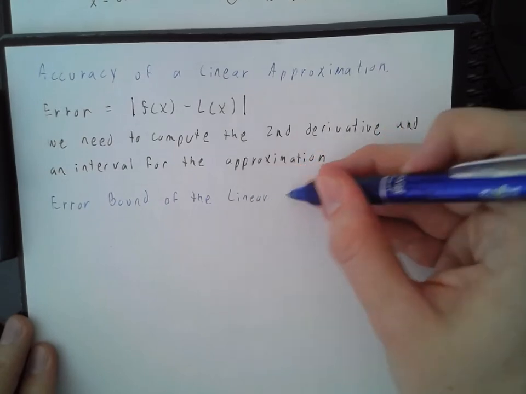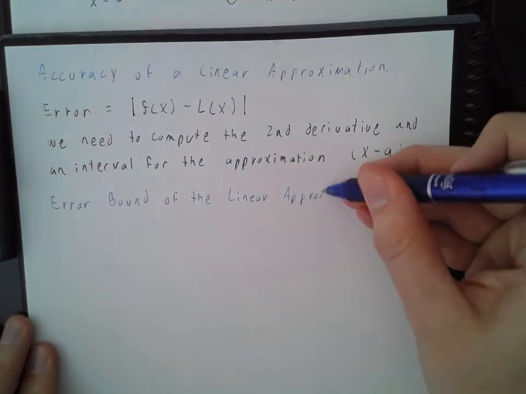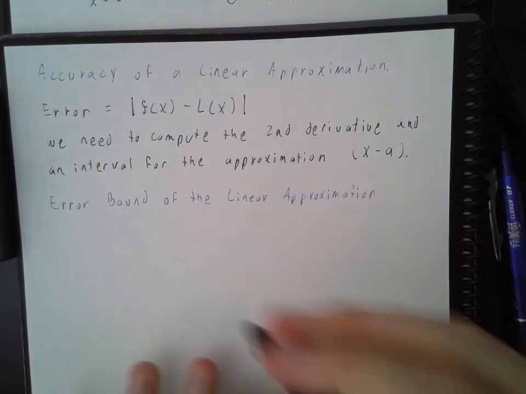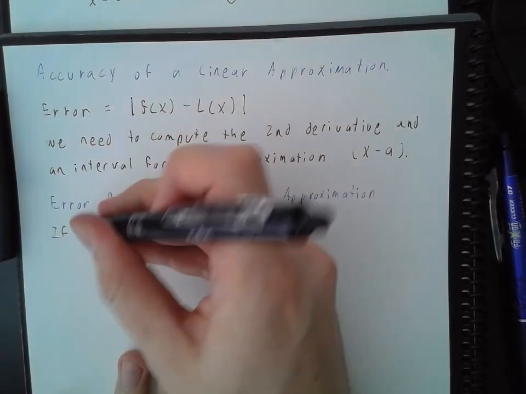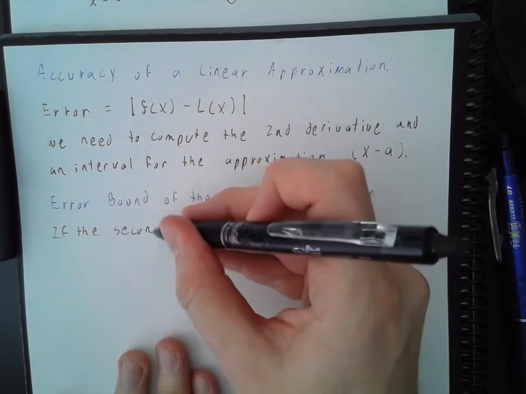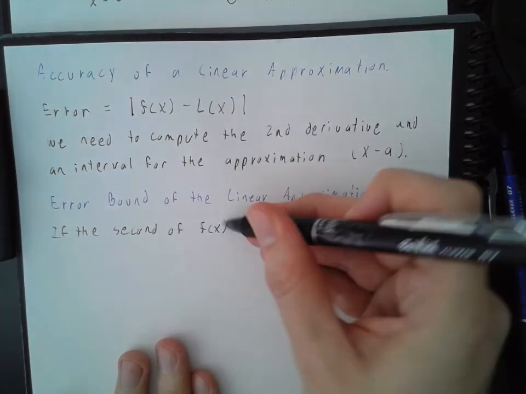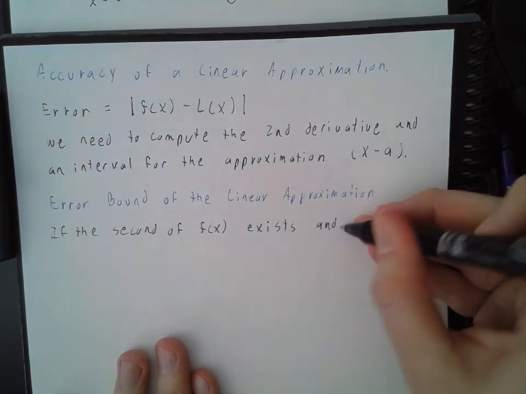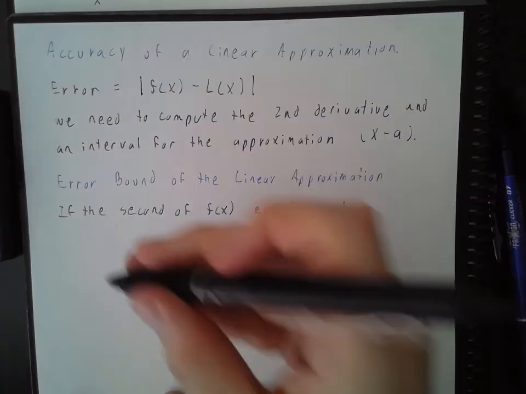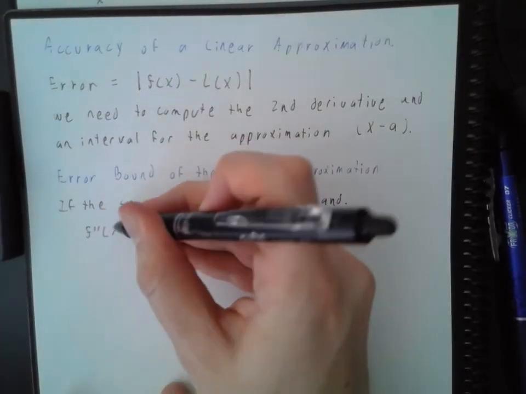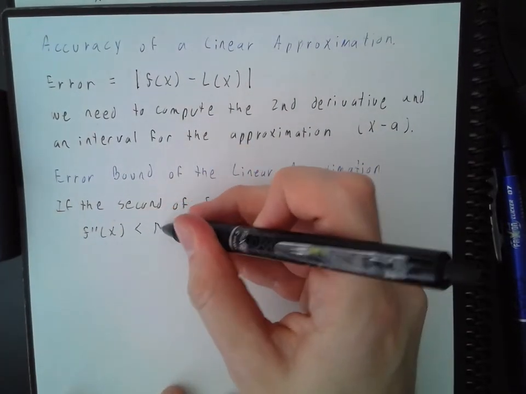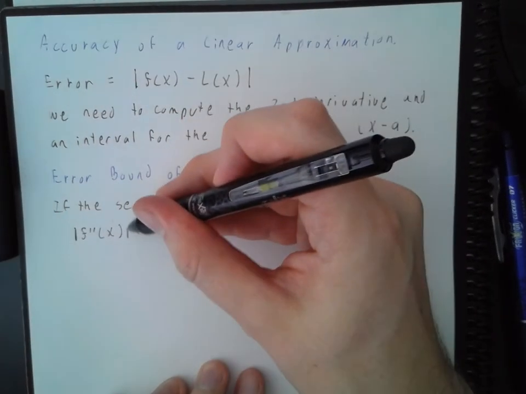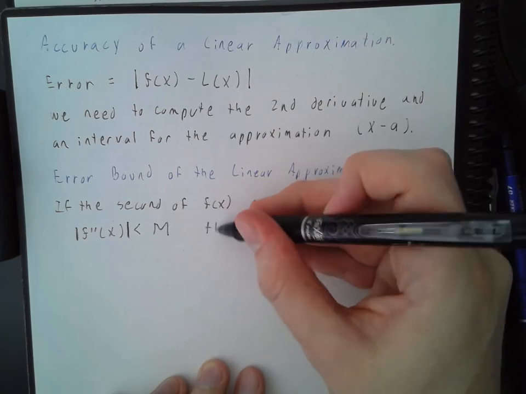The only thing we require is that the function has a continuous second derivative. So if the second derivative of f of x exists, then we can find a number M that is bigger than the absolute value of the second derivative, and then we can do the following.